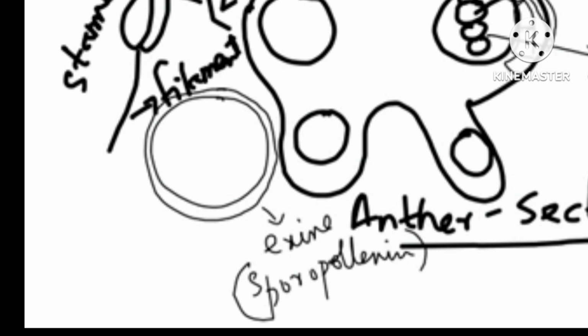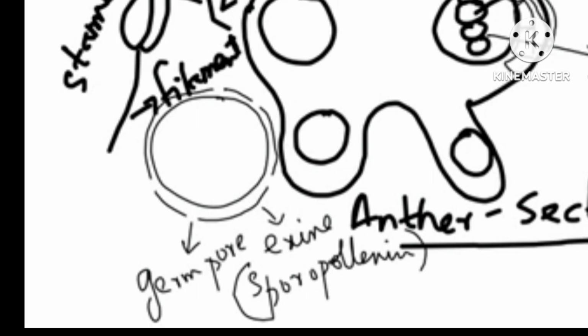Some areas of exine do not have sporopollenin. What are those areas called? That pore is called the germ pore.